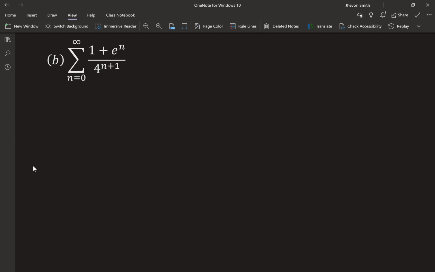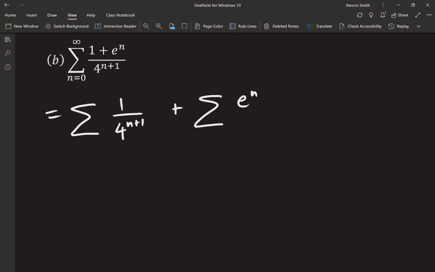And it's not 1 plus e all to the n. So this begs to be split up, and we can do that by the properties of series. So now the goal is to write each of these as a geometric series.